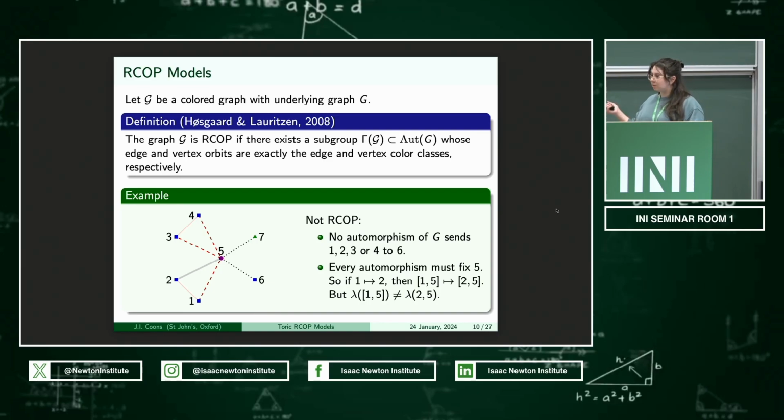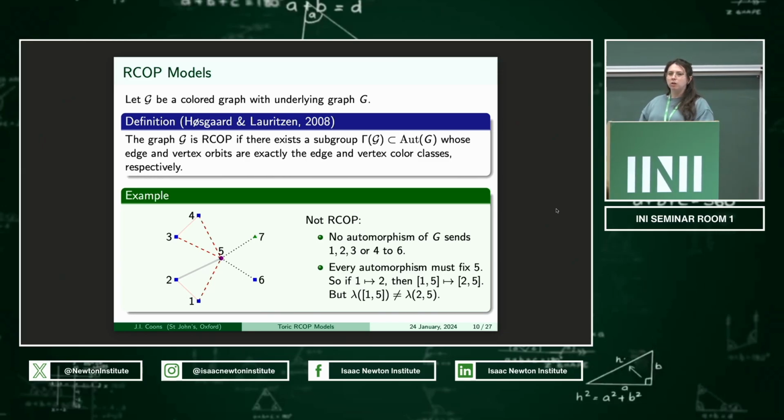Yes, exactly. When we take an uncolored graph, we usually think of it as being colored with everything a different color, and so you recover the uncolored graphical model case by taking the subgroup to just be the identity. Great.